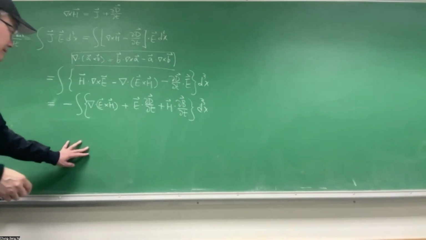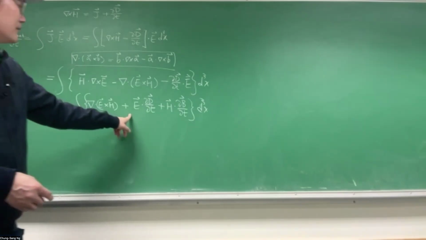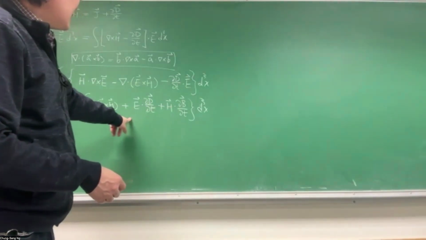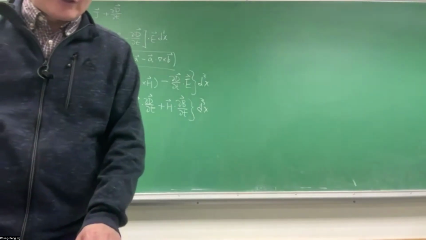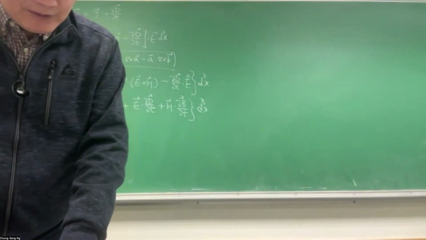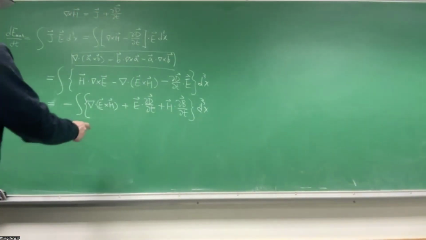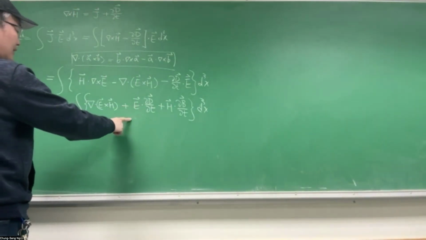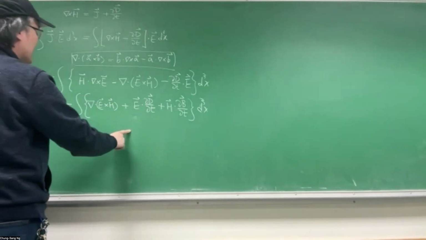Now, this is as far as we can go using the macroscopic equations, because for these terms H and B, and E and D, the relationship between them is not given yet, right? And so we need to make an assumption now to further specify the form. Otherwise, this would be the final form.